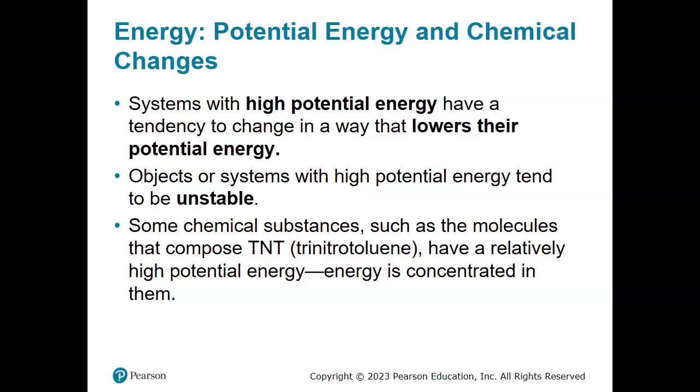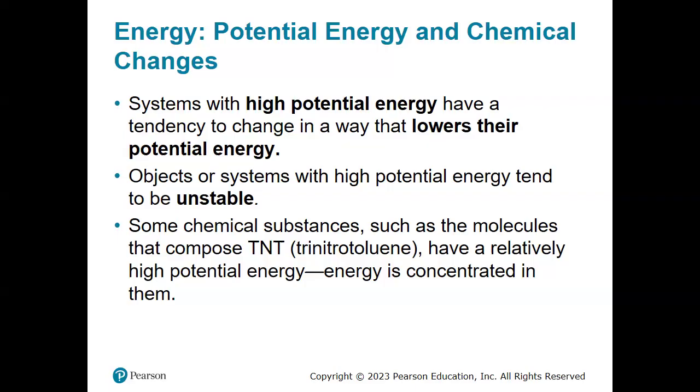And the result is we end up with a difference of energy. TNT having high potential energy, the products of its degradation having low potential energy. What happens to that energy difference? Well, it comes out in the form of whatever happens when it explodes. High amounts of heat, high amounts of light, high amounts of sound, and whatever collateral damage comes as a result as well.